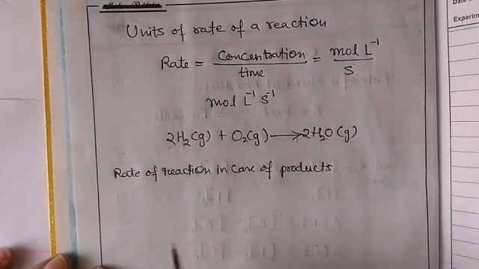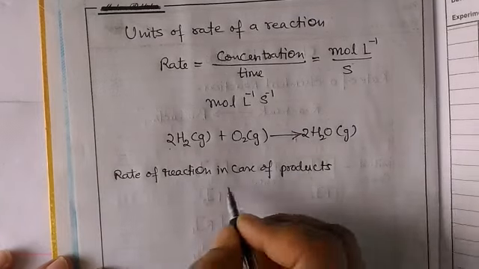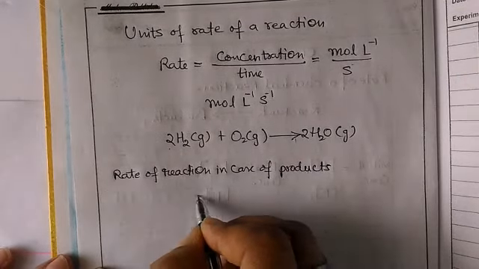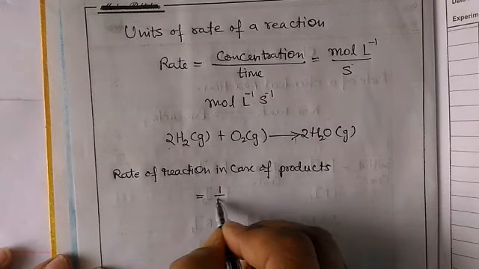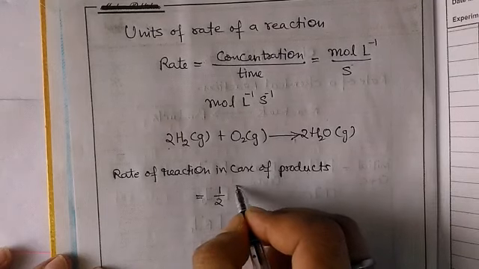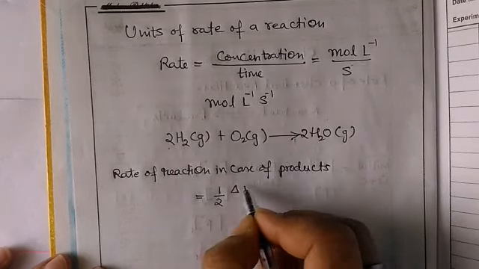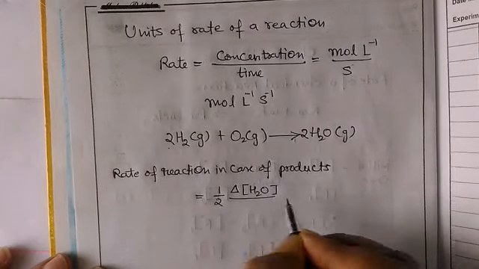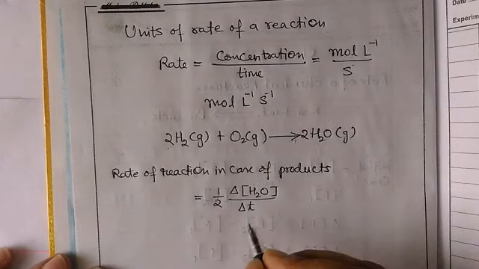What is the product? Water, and this is present, so in that case we are going to use it also. So rate will be, products are formed, it will be 1 by 2, change in concentration of H2O on change in time. This is how it is to be represented.